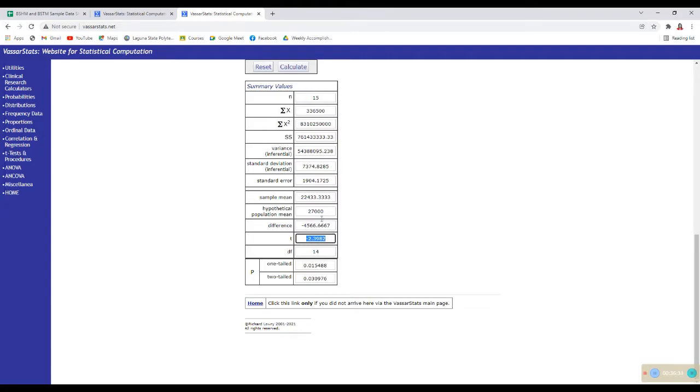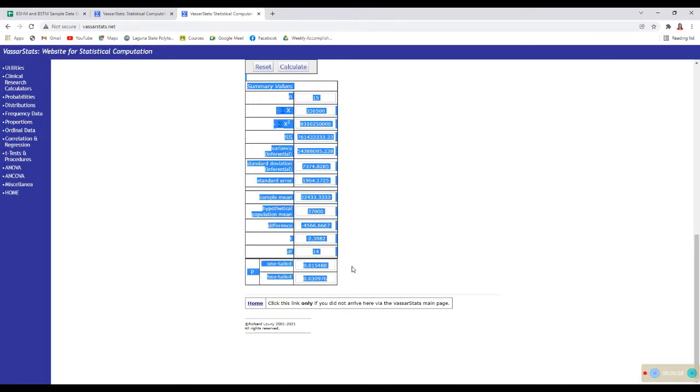So, kapag nag-test ka dito ng statistical claim, nag-test ka dito ng alternative hypothesis na the population mean is greater than 27,000 pesos, makukuha mo pa rin itong value na to, but even though it is statistically significant doon sa table of values, kailangan mo pa rin tanggapin si null hypothesis.